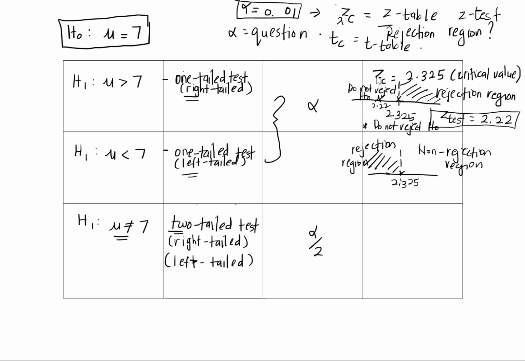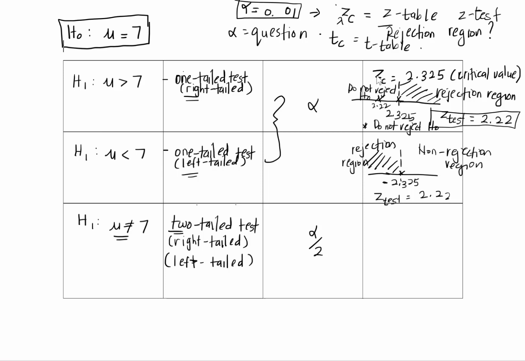Now, if we get our Z test 2.22, sorry, for the left tail test it must have the negative. We must add the negative.